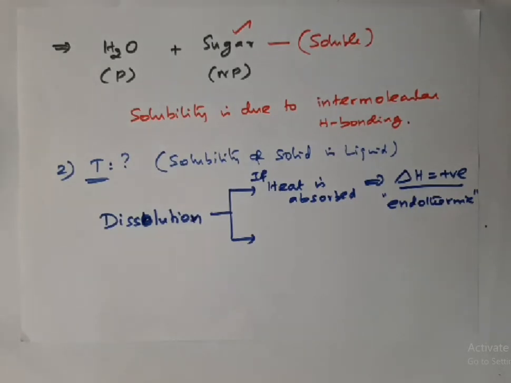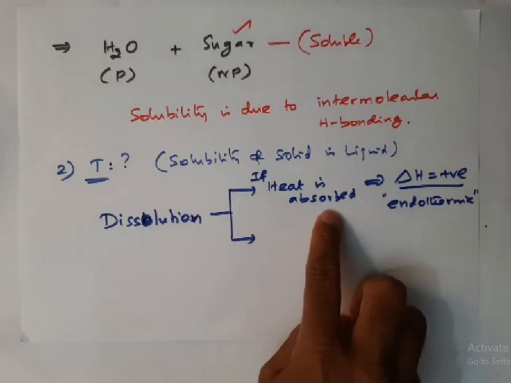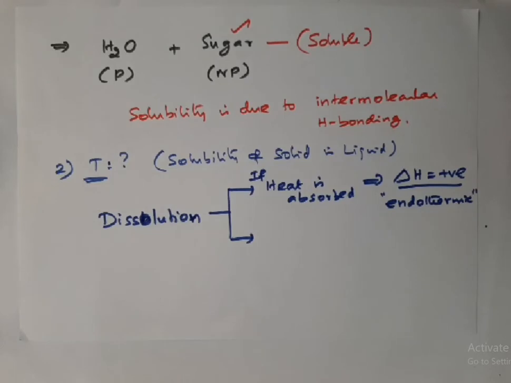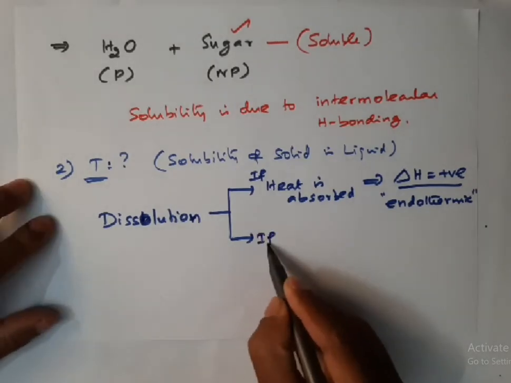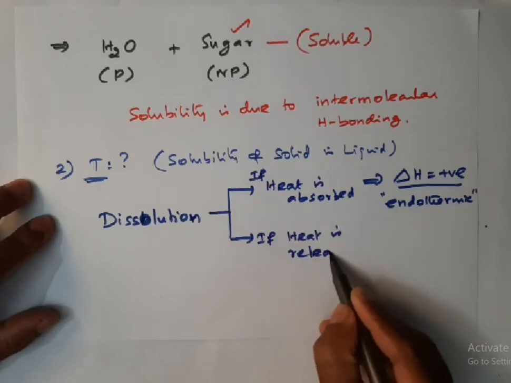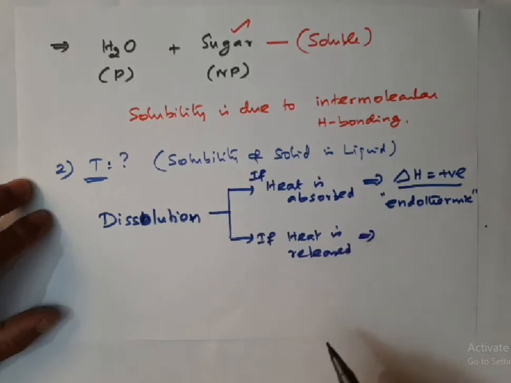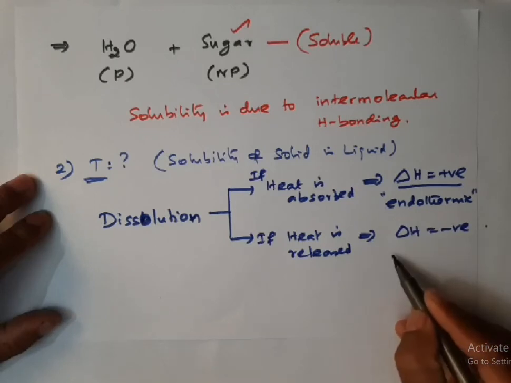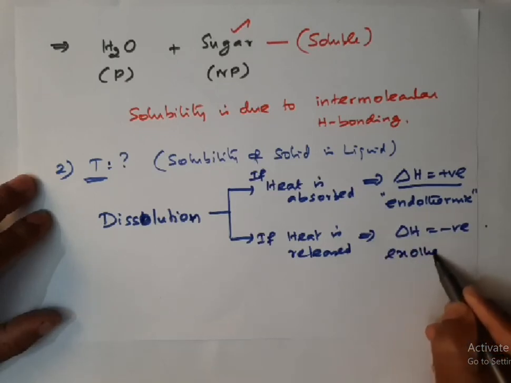Students, observe carefully. When you put a solid in water, the solid dissolves. During the process, heat may be absorbed. If heat is absorbed in dissolution, we call that an endothermic dissolution or endothermic solution. If heat is released, sometimes heat may be released during the formation of solution, then delta H will be negative, and we call that an exothermic solution.